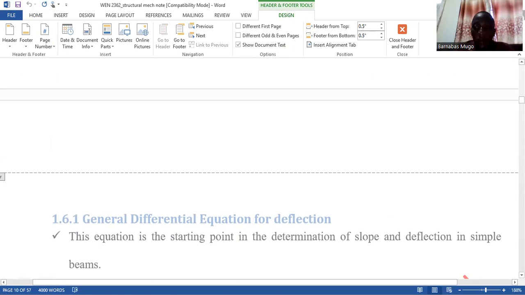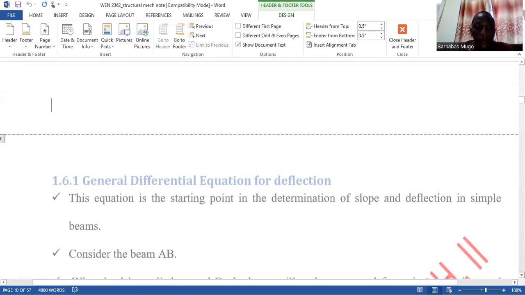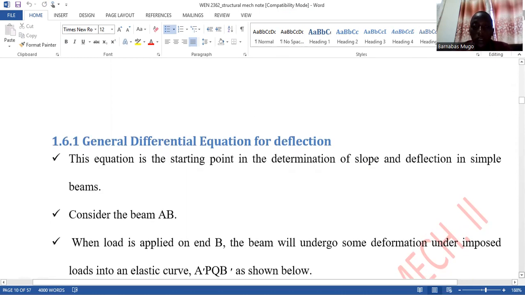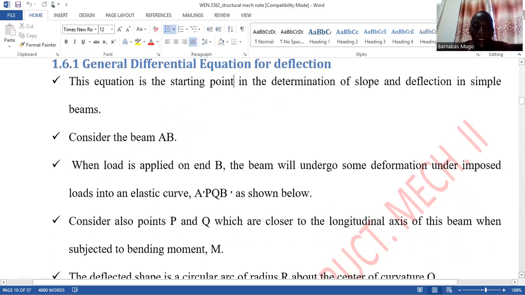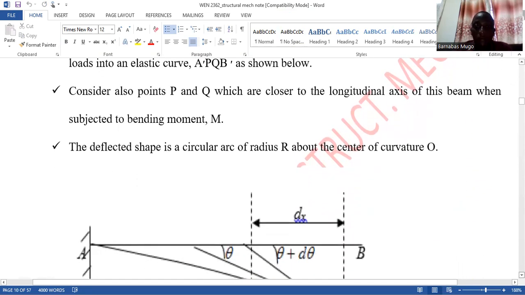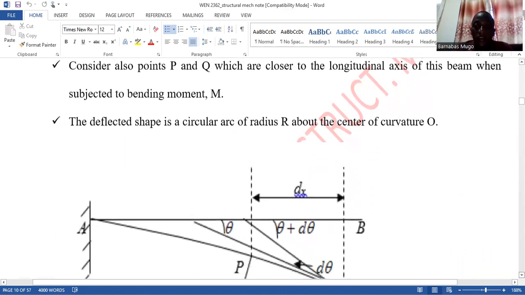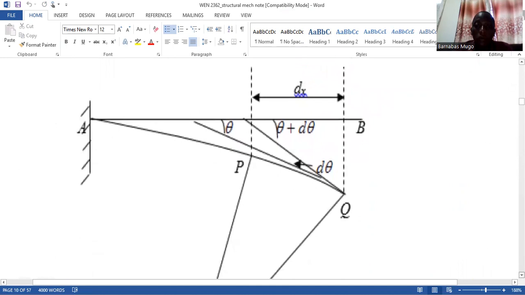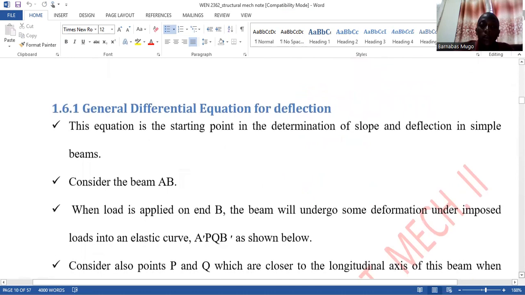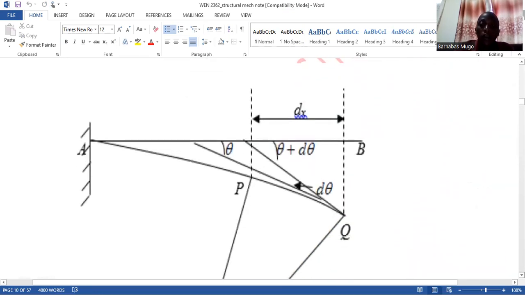Then from there, we are also expected to be able to calculate the general equation for deflection. This is also another hectic thing to do online, but I would request that you go to your respective lecturers in different campuses and discuss with him or her how you can derive the general equation of deflection.